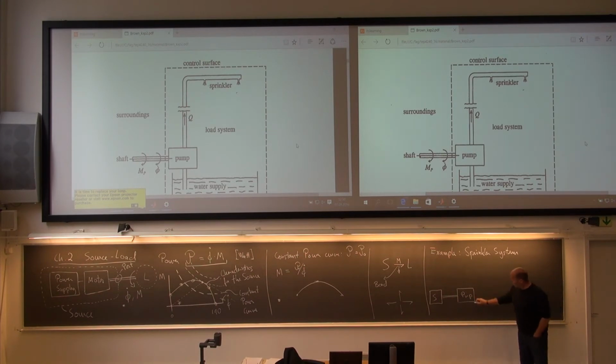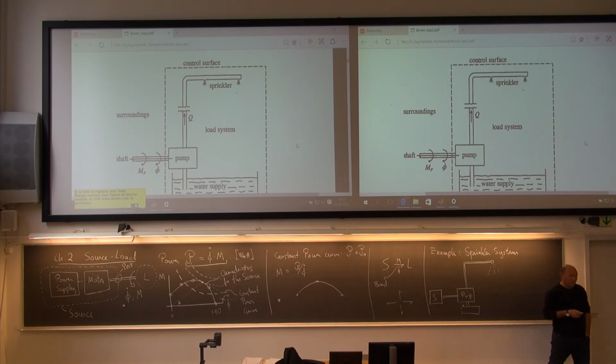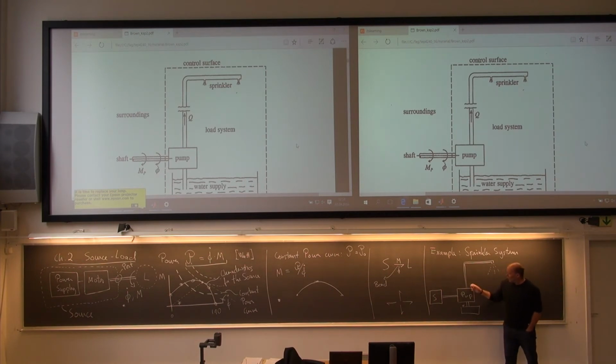Now this pump will suck up water from a reservoir and then push it all the way up to a sprinkler system, a fire extinguisher at some height in a hotel or in a tall building or whatever. So now it's a question, how high is it? How strong must this pump be to provide enough water to extinguish the fire?